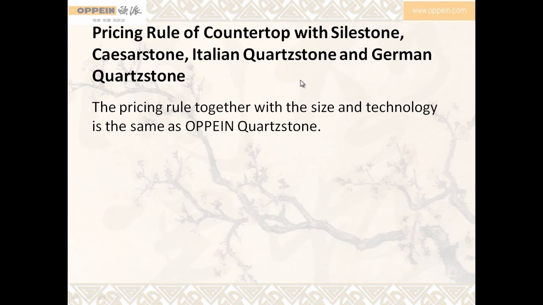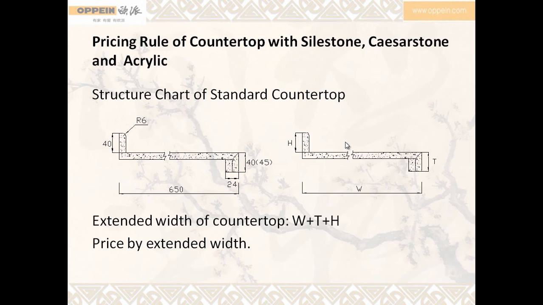Pricing rule of countertops with silestone, Kisastone, Italian quartz stone, and German quartz stone. The pricing rule, together with the size and technology, is the same as OPPEIN quartz stone. Pricing rule of countertops with silestone, Kisastone, and acrylic.